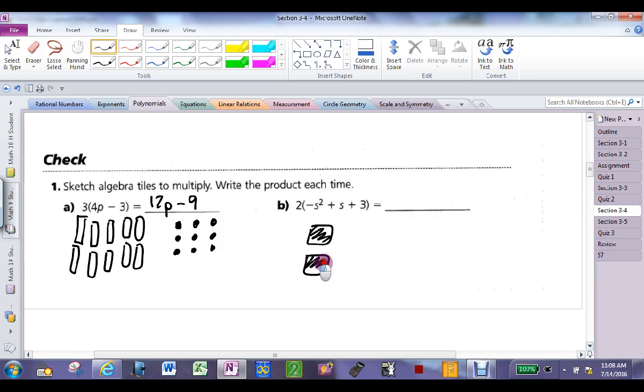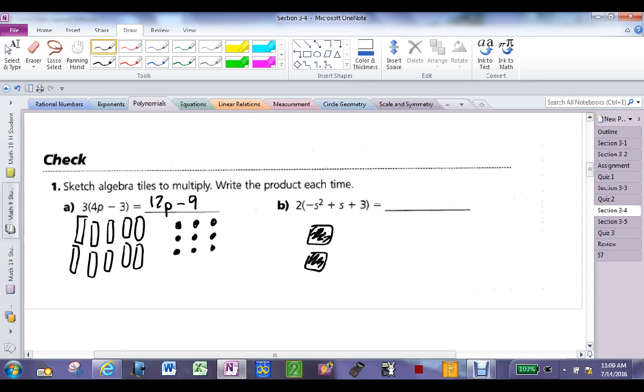There's my s squareds, but I don't need one group of s squareds. S squareds, I need 2. So I draw it again. No, for the billionth time. I'm going to say it slower for the people that have trouble with this.